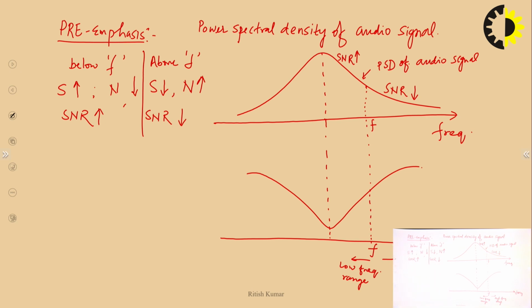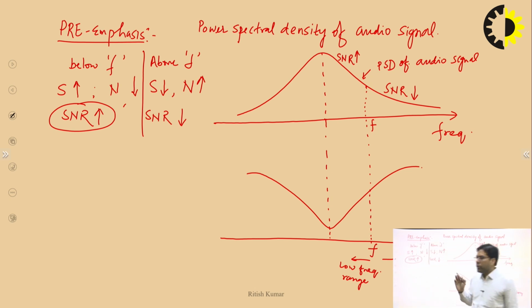So at low frequency range, the reconstruction of the signal at the receiver side is efficient, while above f, in the high frequency range, the signal to noise ratio is getting worse, and that's why the reproduction of the signal at the receiver side is very difficult, or not very efficient.